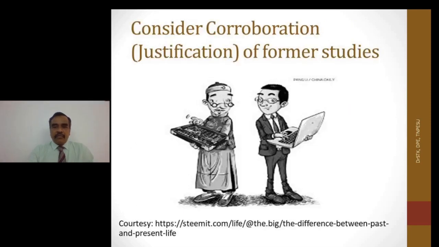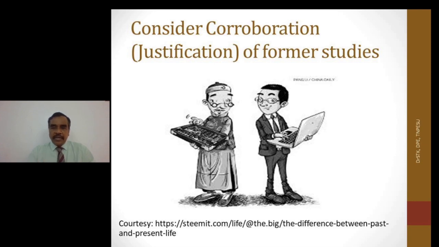Consider corroboration of former studies. Read the justification given in the former studies. You have to read the already completed research works, especially the conclusion and methodology parts. You have to find out the relationship between the training given and the result measured, whether it is satisfactory or not. Say, for example, an incomplete weight training program may lead to poor performance of the sports person.